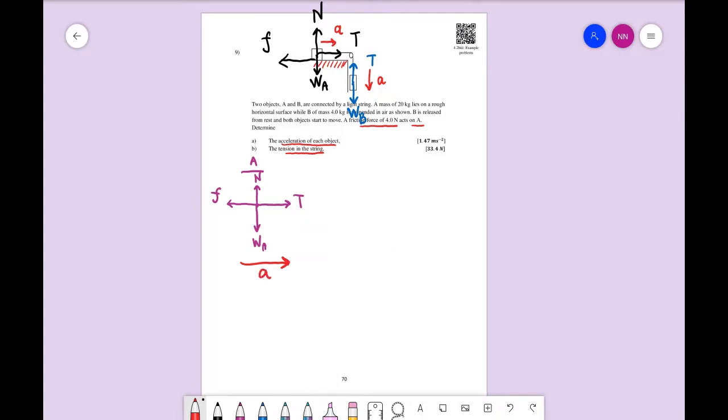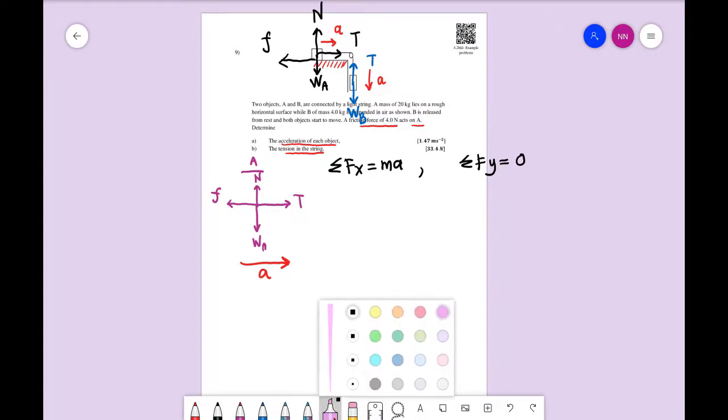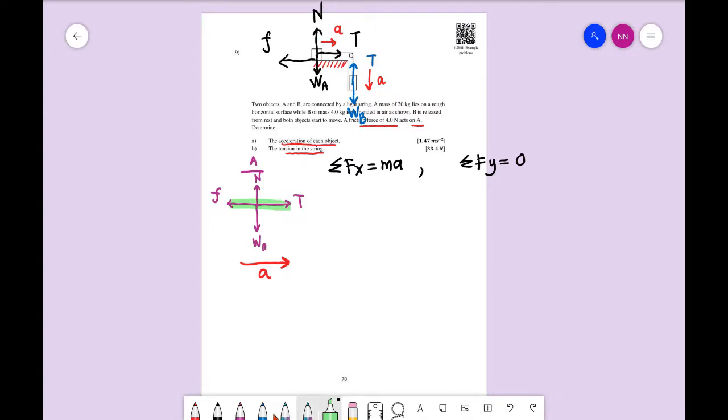So concept for object A, net force X equals to ma because it accelerates to the right and it doesn't move at Y component. So for Y component for object A, net force Y equals to 0. For X component we only have friction and tension.